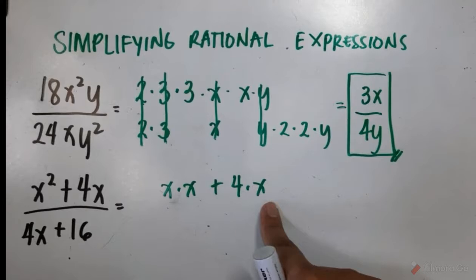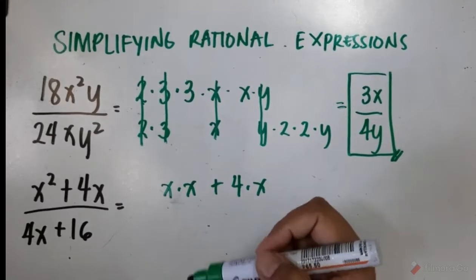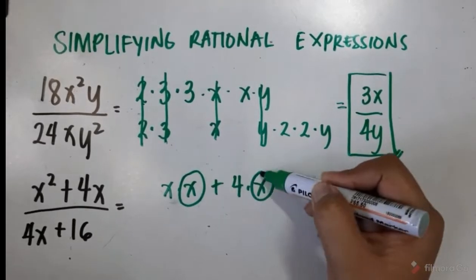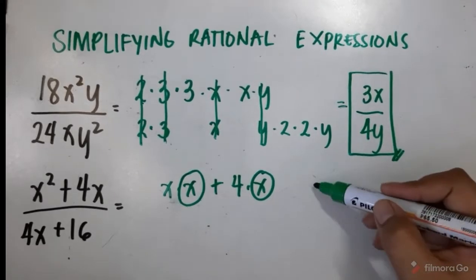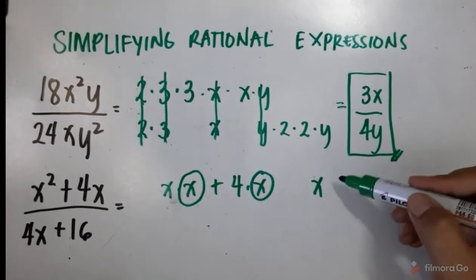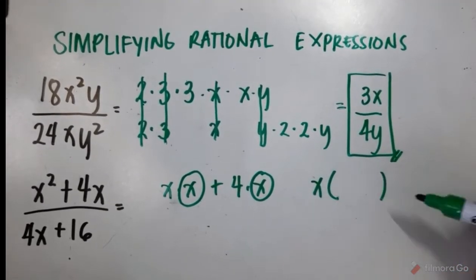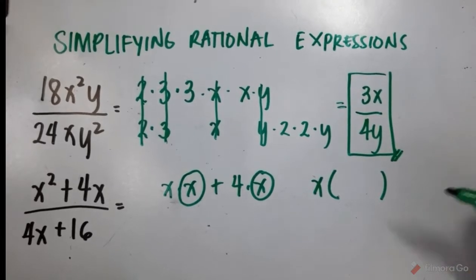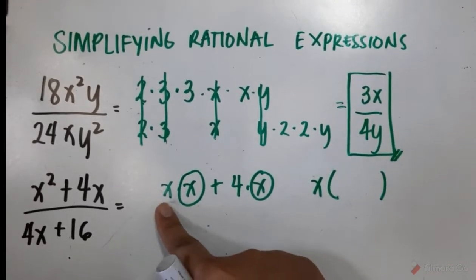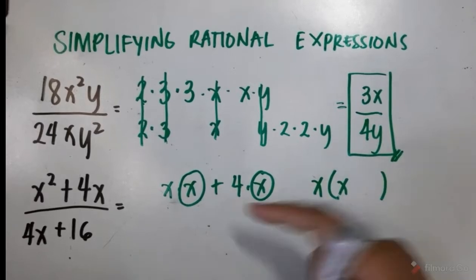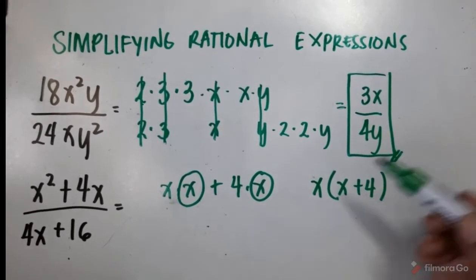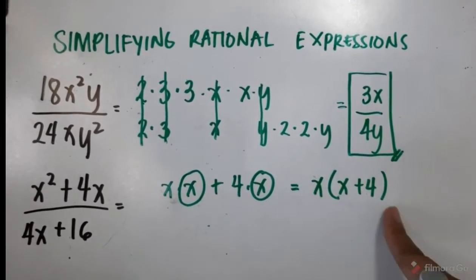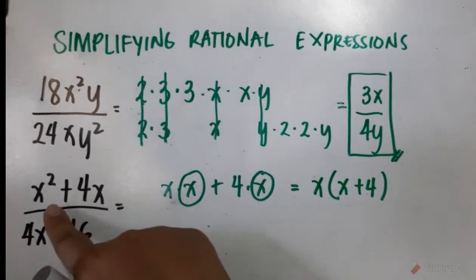So you see, the common factor is x. Okay, so we will put this common factor x, and then we have open and close parentheses for what is left: for the first term, x, and for the second term, 4. So this is now the factored form of the given.